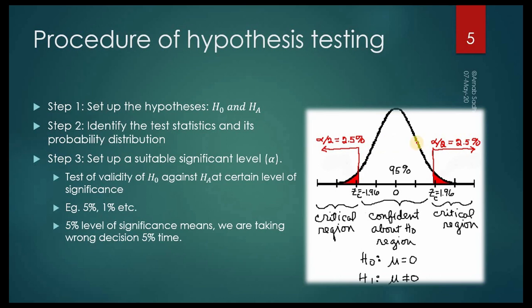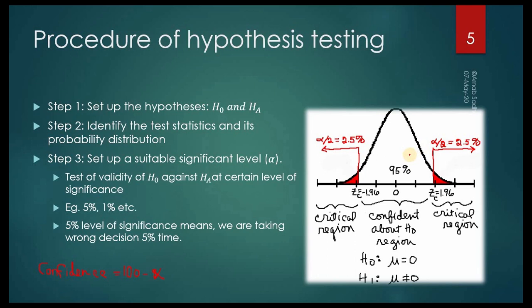So if the significance level is 5%, that means the confidence level is equal to 100 minus alpha, that is 100 minus your significance level. So 5% significance means 95% confidence.